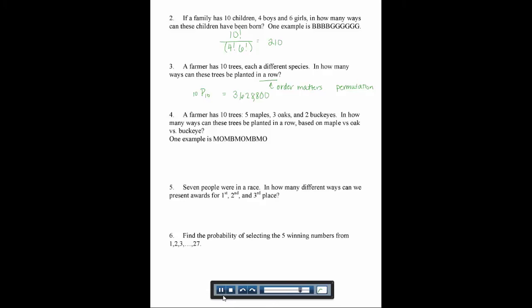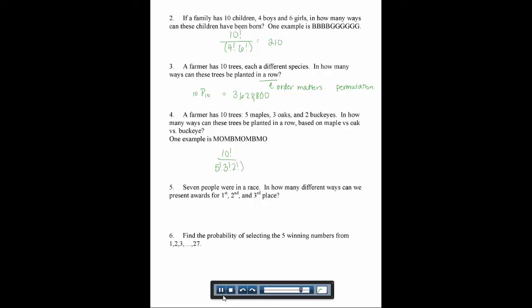Now here, the next one, it says the farmer has 10 trees. 5 of them are maples, 3 are oaks, and 2 are buckeyes. How many different ways can these be planted in a row? So now, again, we've got repeating. So it's like number 2. We've got 10 trees, so we do 10 factorial, divided by the 5 maples, repeating, the 3 oaks, and the 2 buckeyes.